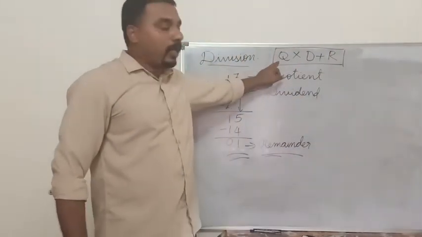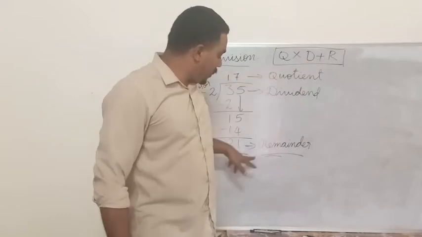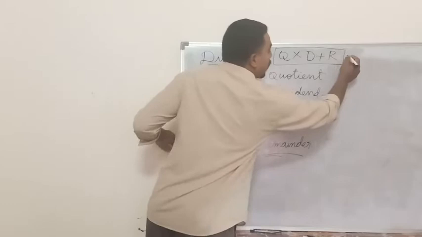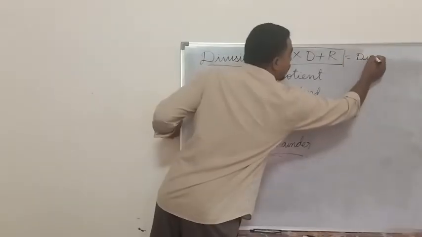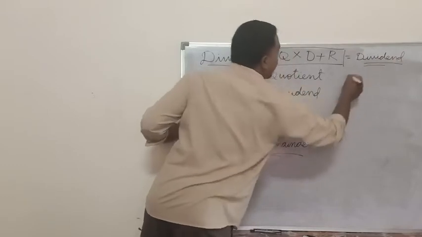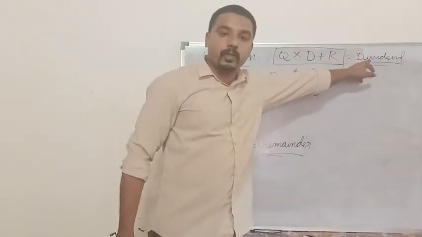We have to multiply quotient by divisor, and if something is remaining, we have to add that. It is equal to the dividend.